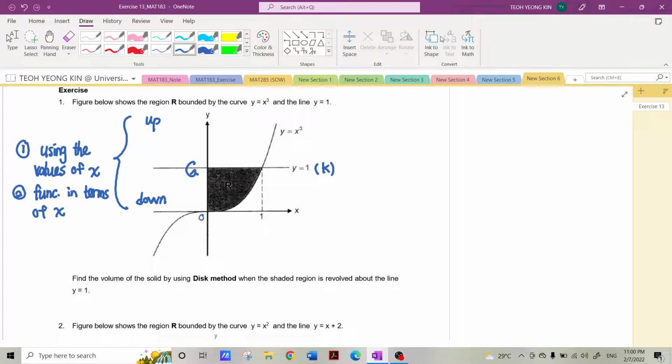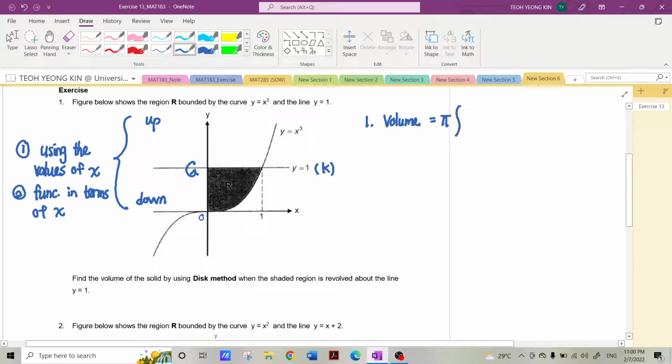So in this case, for the volume of the shaded region in question number 1, the formula will be equal to pi, and then the integration from a to b. The a to b is the value of x, since the region is bounded from 0 to 1, so here is 0 to 1.